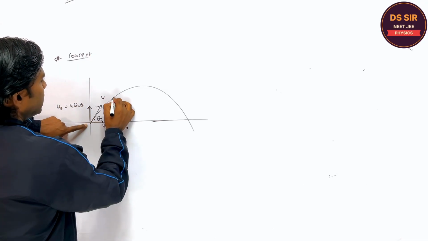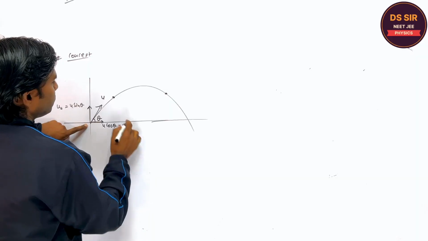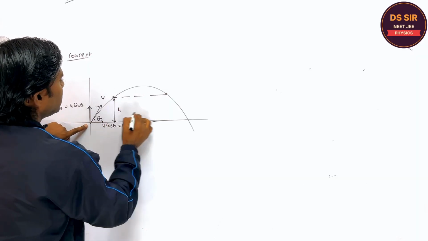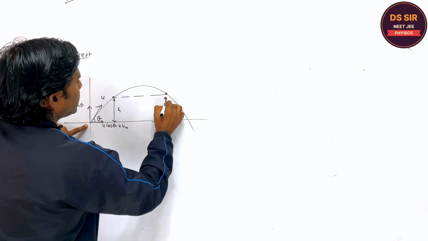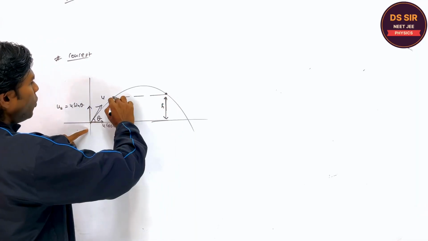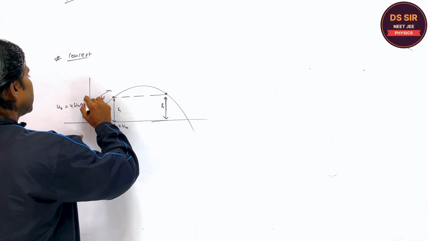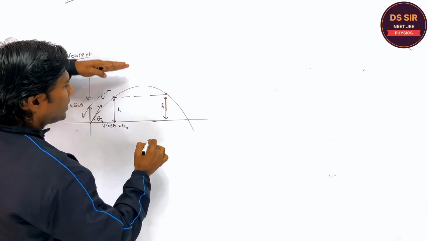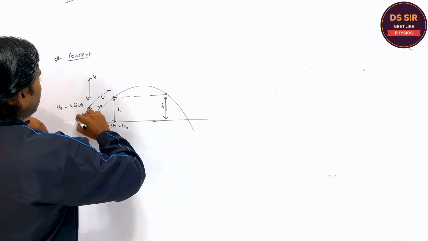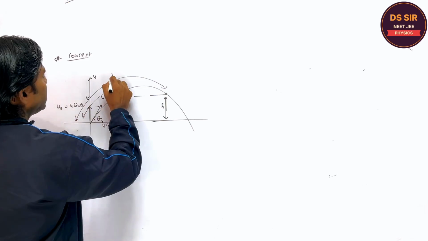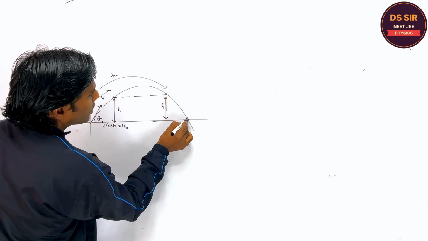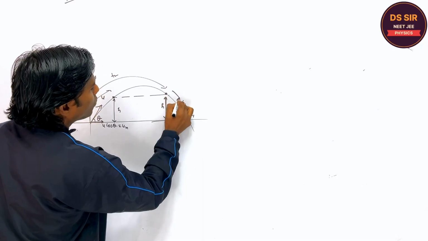Now listen, there are 2 points which are at the same height, this is height h and this is also height h. Is it fine? So when it moves, suppose this time taken is t1, and when it is at the same vertical displacement, the time taken is t2. Is it clear or not? So therefore from here to here the time is also t1.